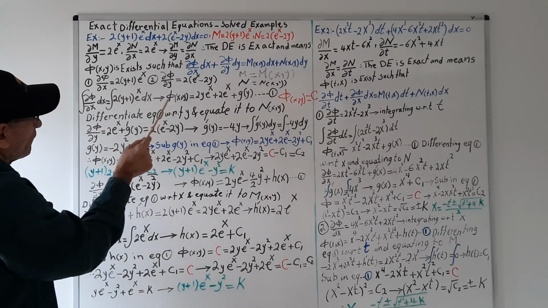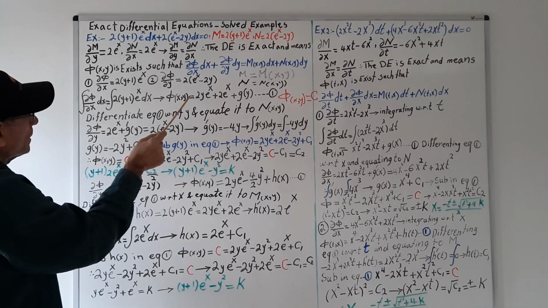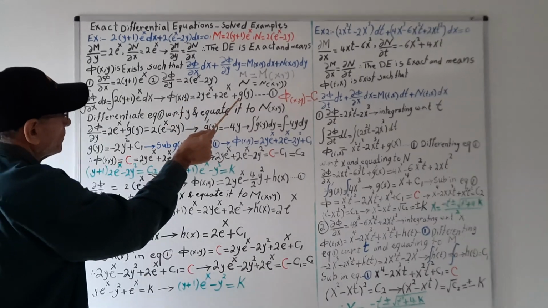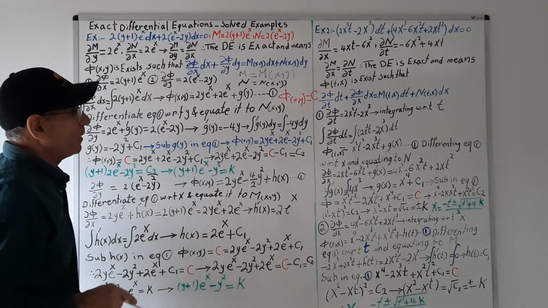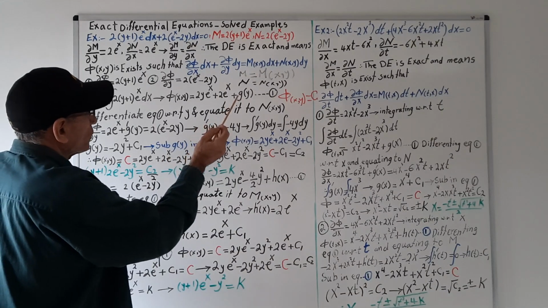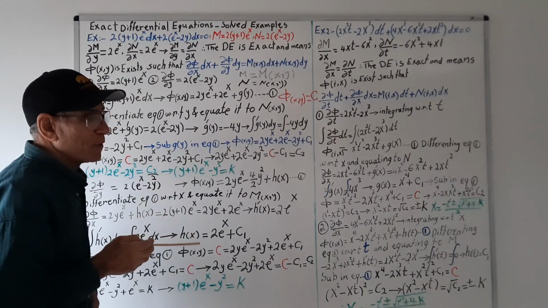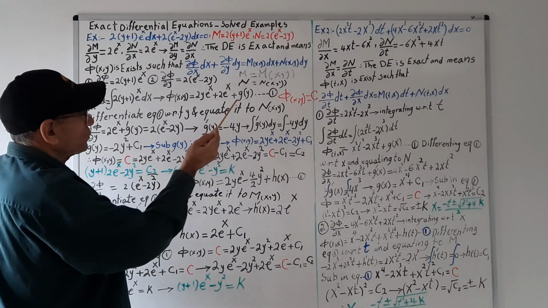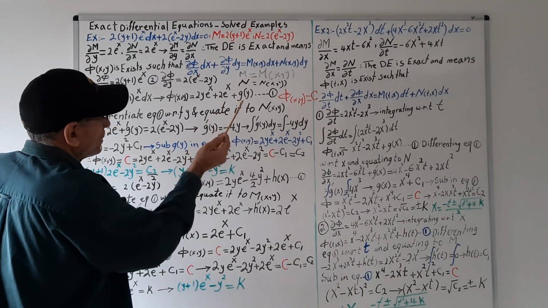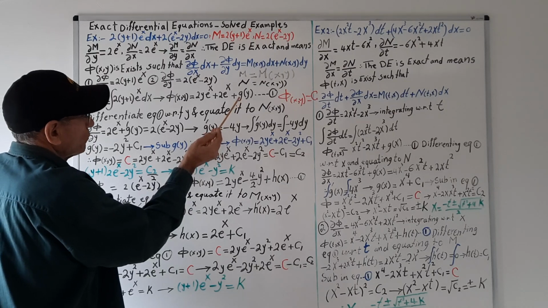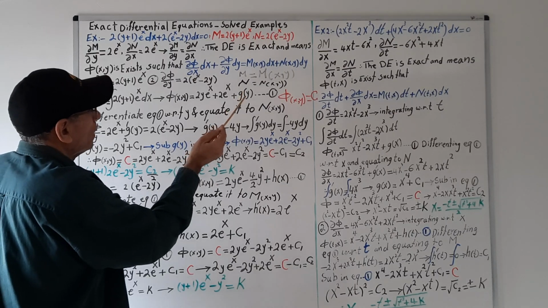And then we find phi of x, y equal this. And instead of putting a constant of integration, we put a function of y, because we are integrating with respect to x. So this is the constant of integration, which means g of y.